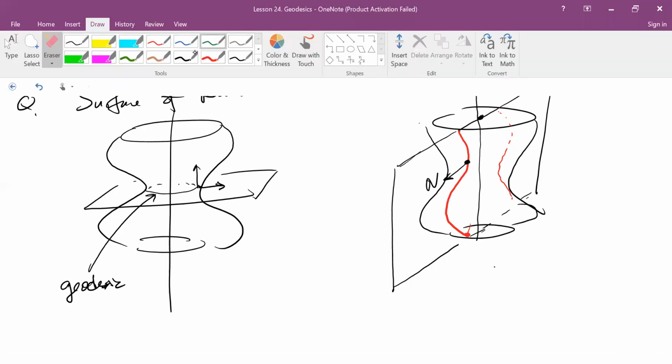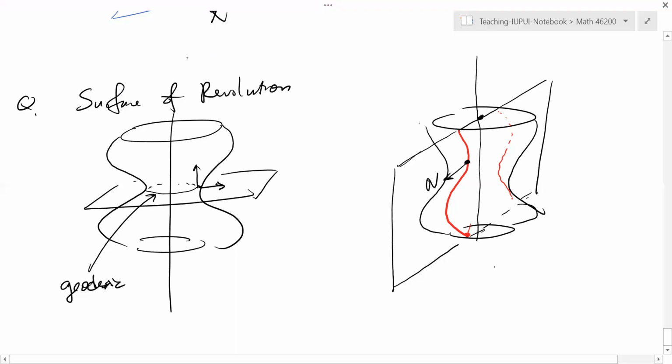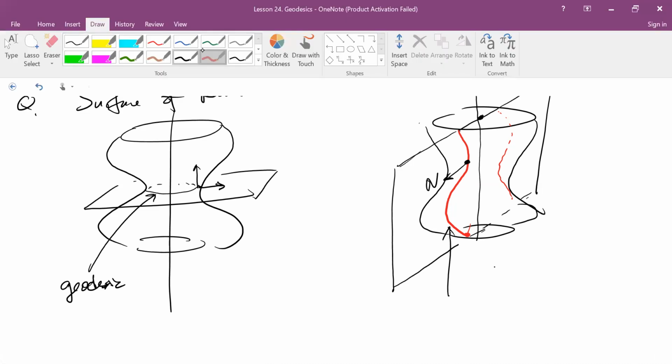Okay, so the normal vector to the surface at that particular point lies in the plane, okay? Lies in the plane. If you can see that, then this is a geodesic.